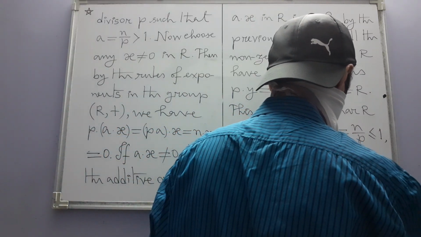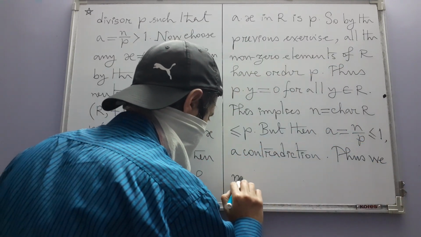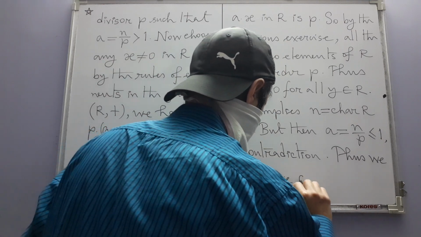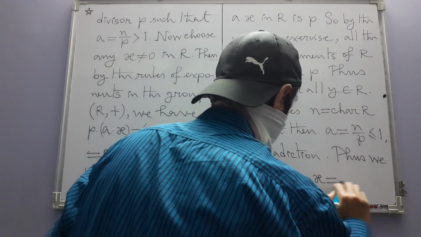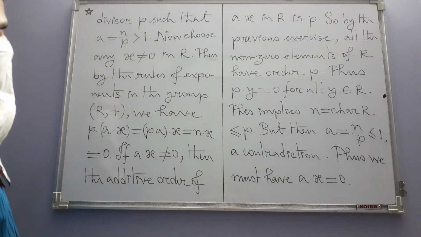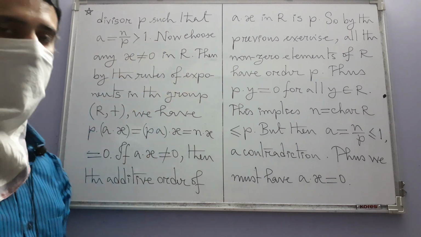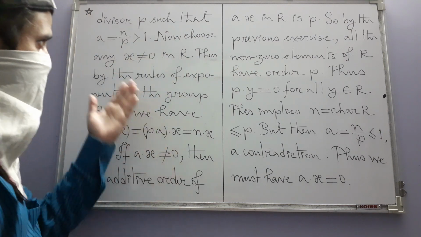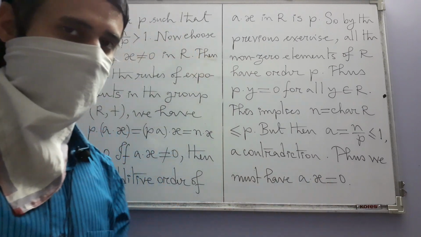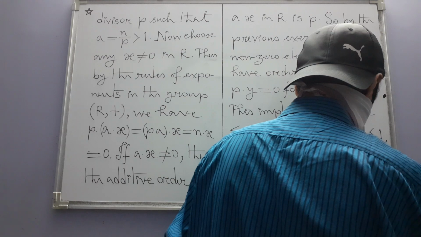Thus, but note that we chose x to be any element in R. So for any non-zero element in R, for any such element, A dot that element is 0.